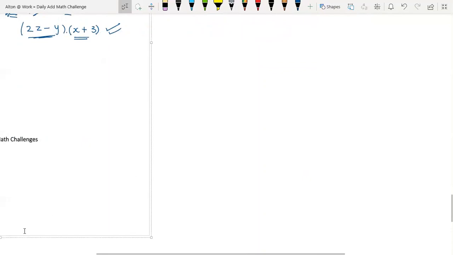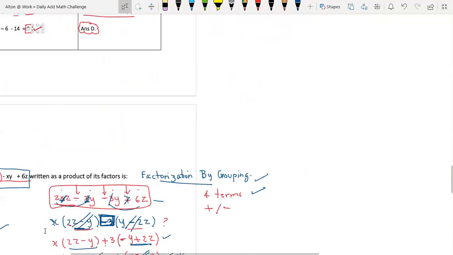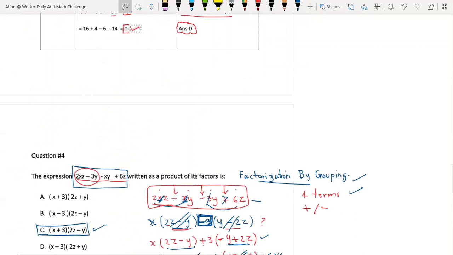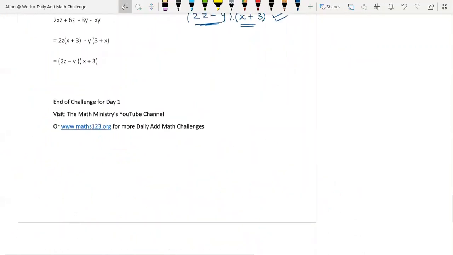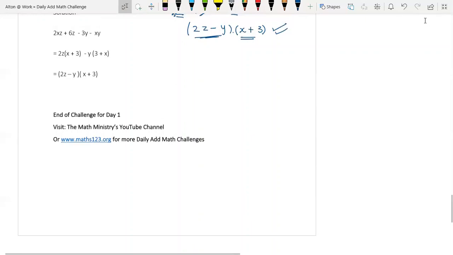I thought I got it just now. Right, I got it here. So what I would have done, notice, I would rearrange. Let me see if I can go up a bit.